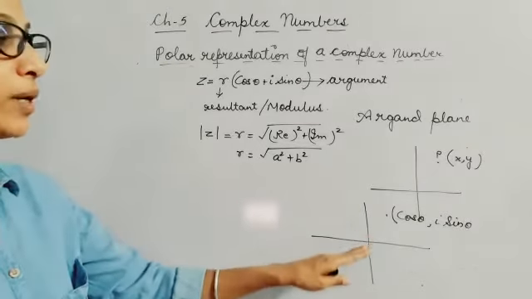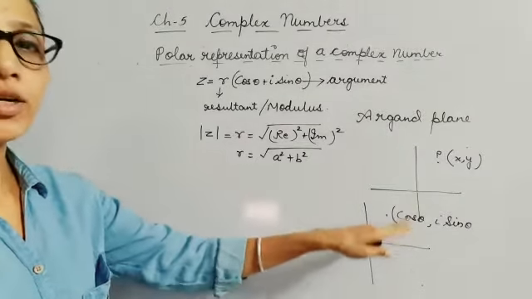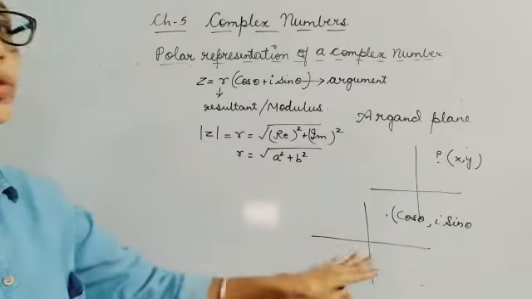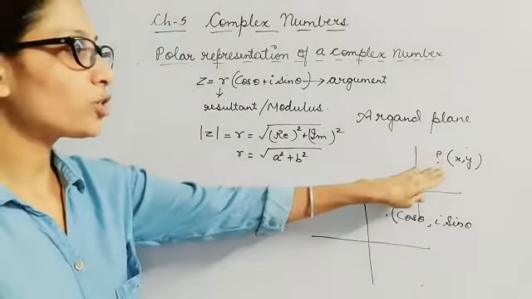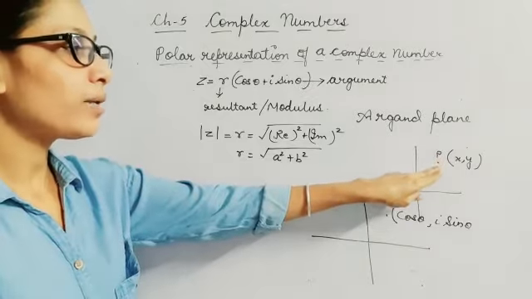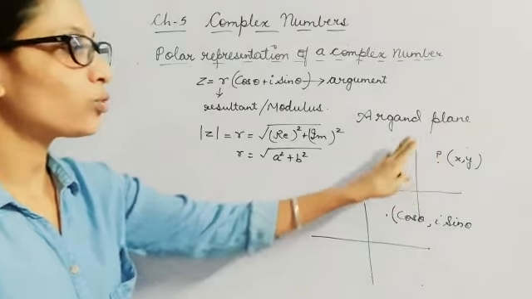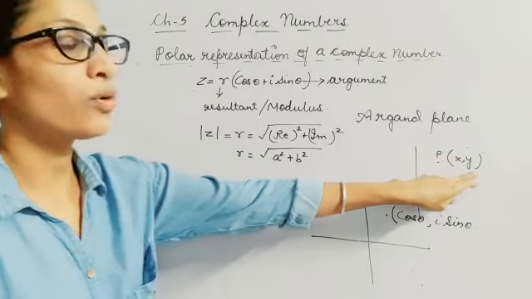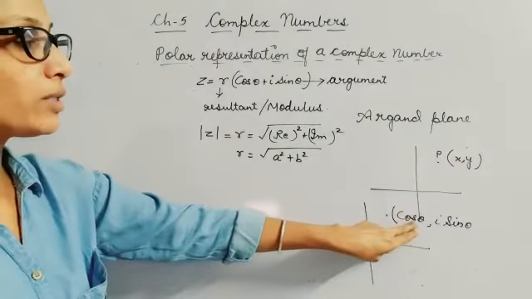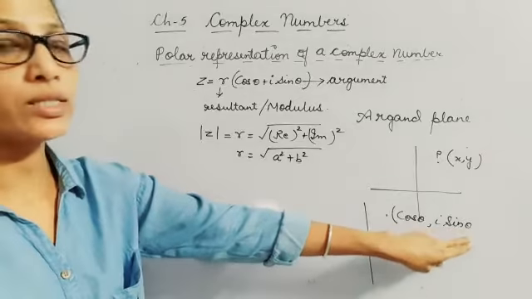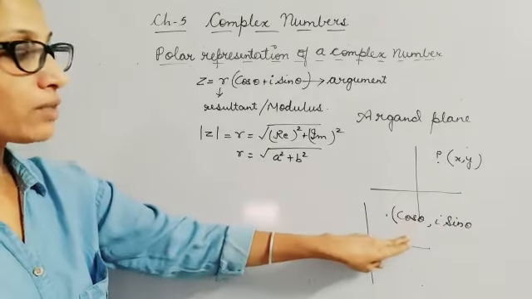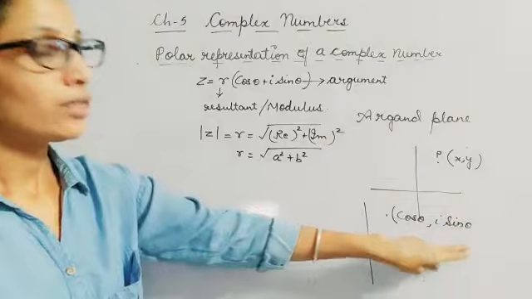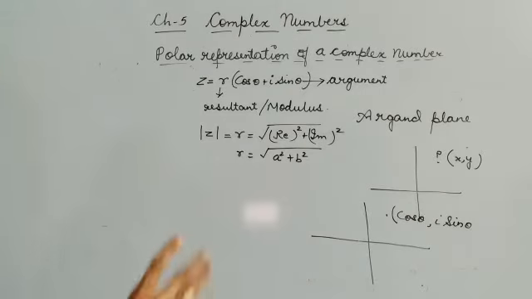So if in a plane we are representing any complex number, then that plane is known as Argand plane. If we are just representing any point in the plane, then it is known as Cartesian plane. Here it is written in x comma y form always, and here it is always written in cos theta plus iota sin theta form. That means real part will be written first and then imaginary part later.